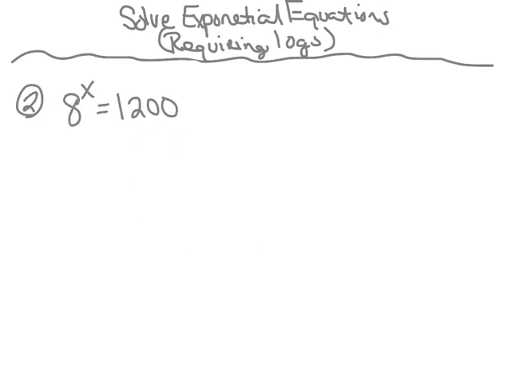Alright, example number 2, here we have 8 to the x power is equal to 1,200. I'm solving for x. So in order to solve for x, what we're going to do first is rewrite this as a log. So this exponential is now going to become the log base 8 of 1,200 equals x.